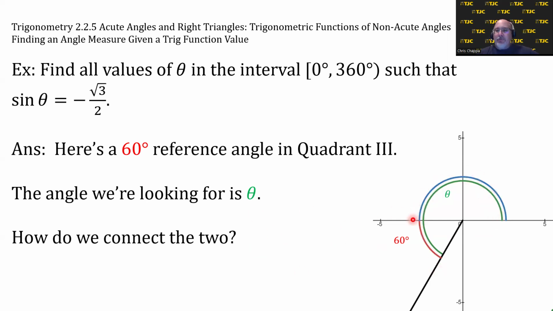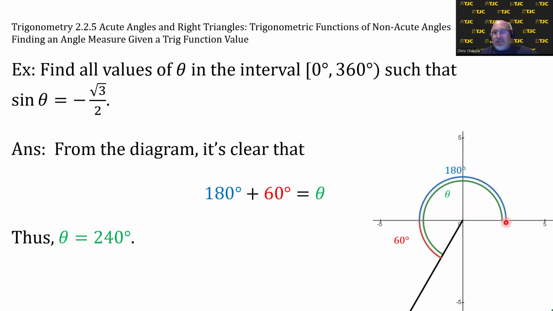Well, notice I put the blue semicircle on top because from the diagram, it's clear that this 180 degrees, which takes me from quadrant 2 to quadrant 3, and the additional 60 degrees from the reference angle totals the angle we're looking for. So theta is 180 plus 60, in other words, 240 degrees.